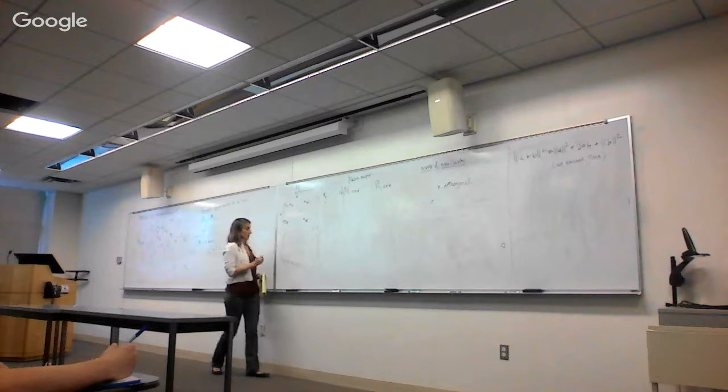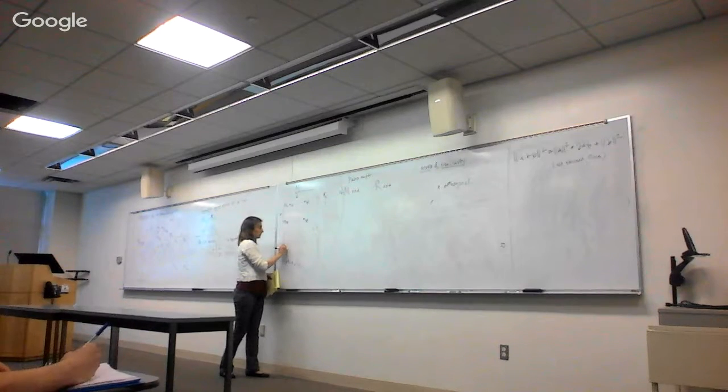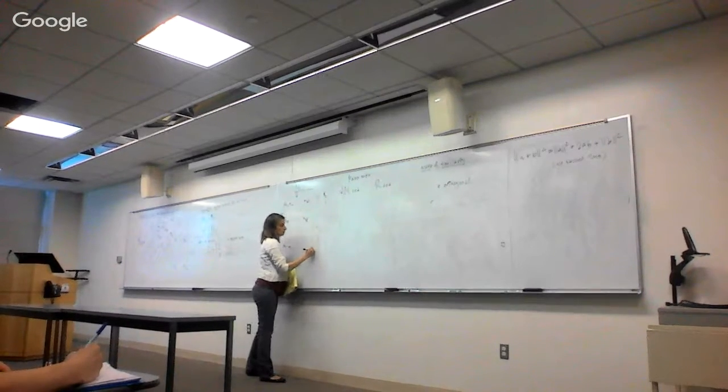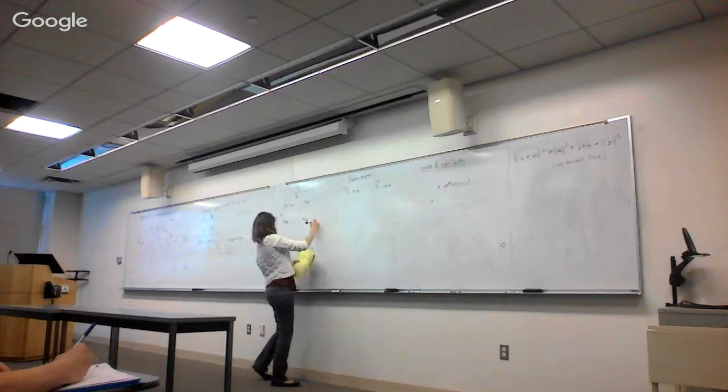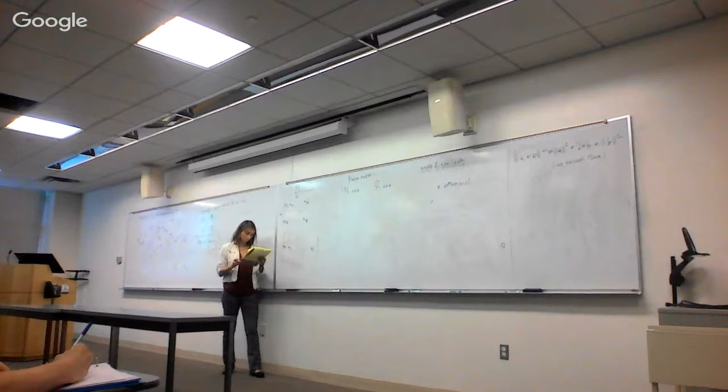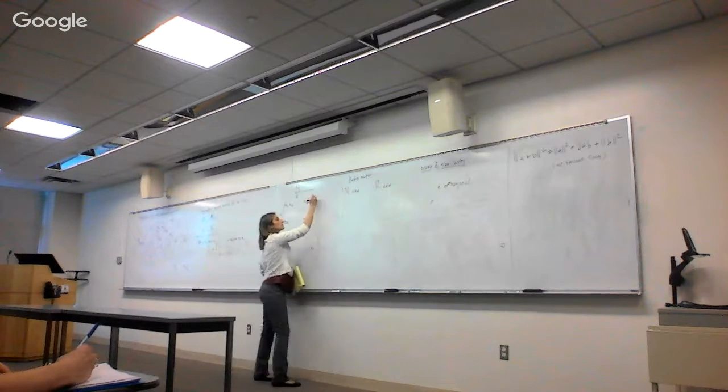Each of these is going to be M times the appropriate R. Yeah, columns.